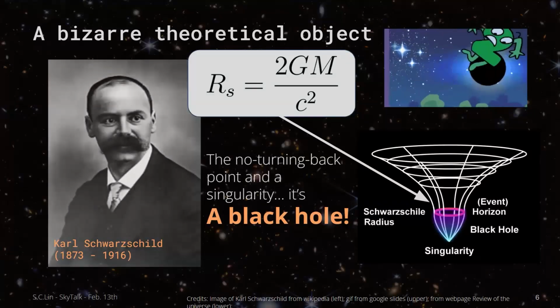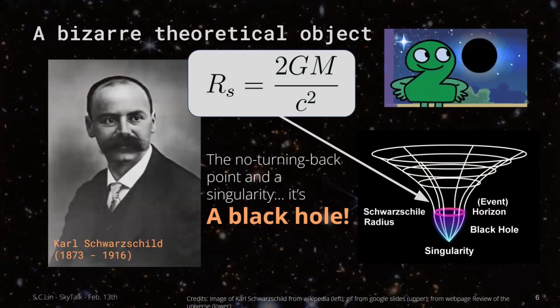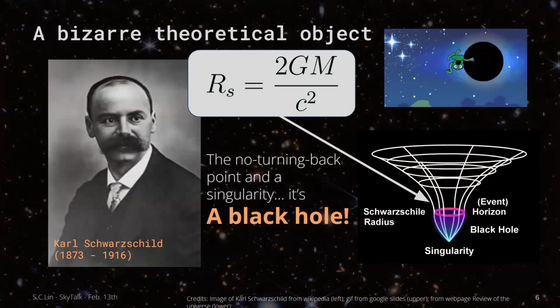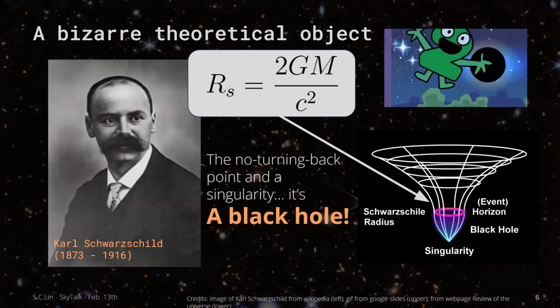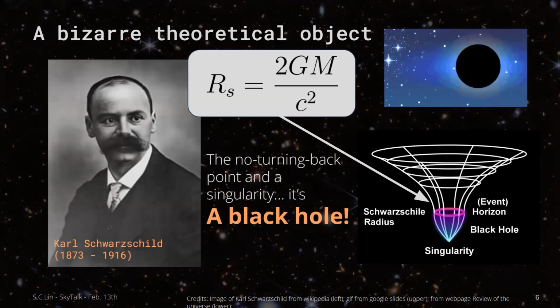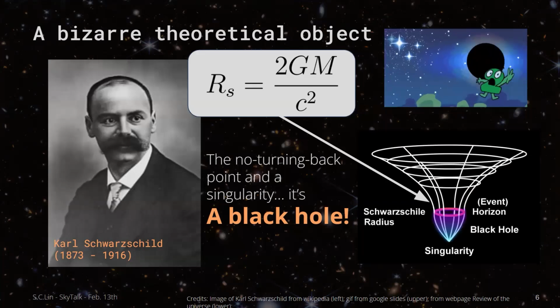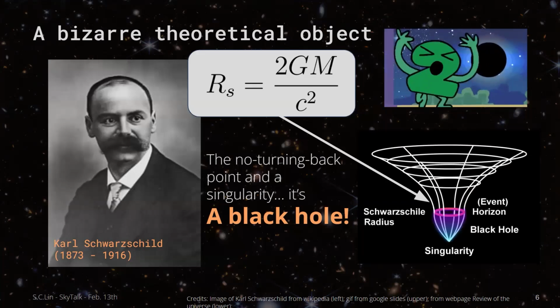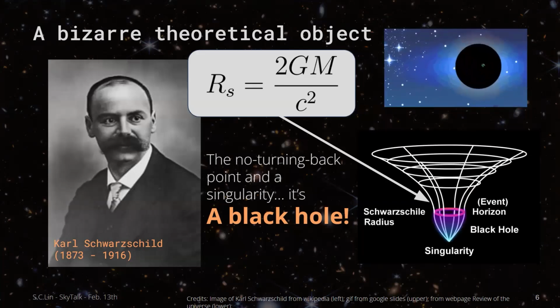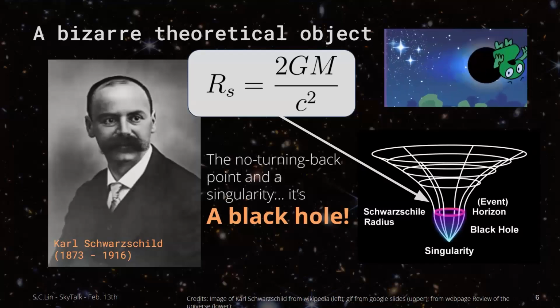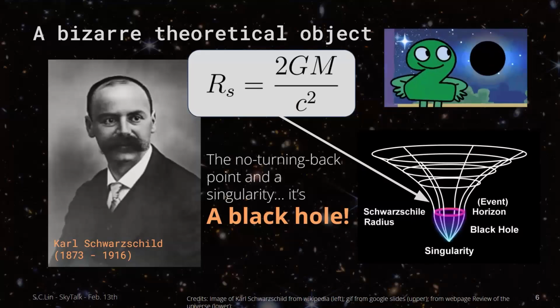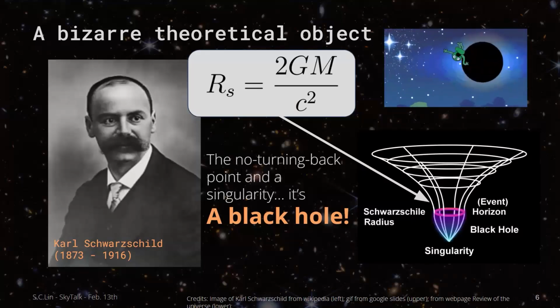Not in the space, but a theoretical object that is really weird, where you can write down a radius of that object, showing in the equation here, telling you that even the fastest things in the universe cannot escape if they get into that radius. We call that the Schwarzschild radius.